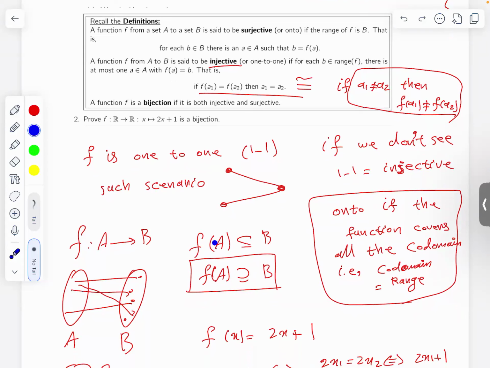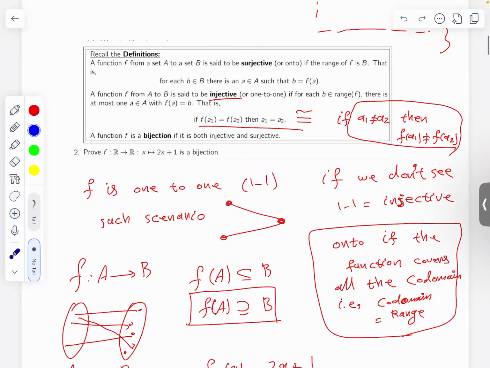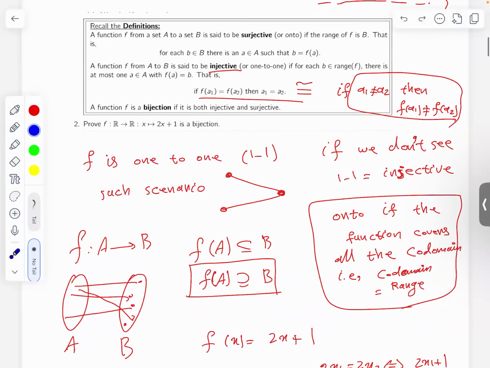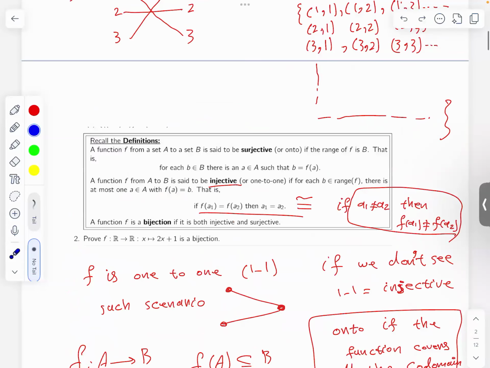So with the knowledge that f of A is always inside B, you just want to prove that B is equal to f of A. That's why you will take one element from B and prove that that element belongs to f of A. Okay, so how?